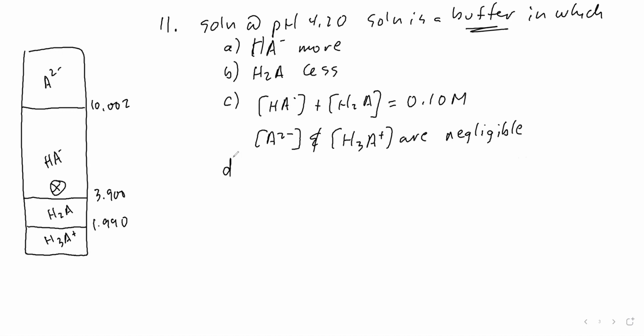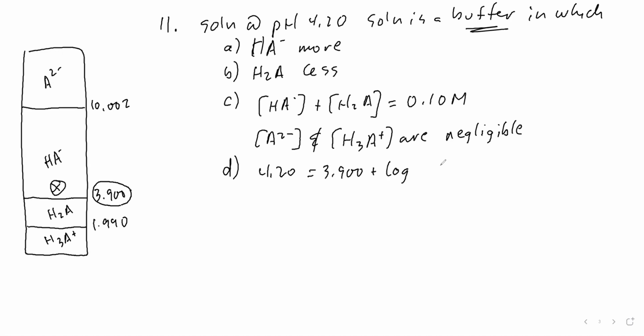So part D looks like this. It starts with the buffer equation, pH equals pKa plus the log of the conjugate base over the conjugate acid. So pH is 4.2. And the pKa that we're going to be dealing with is the 3.9 value, because that's the pKa within this buffer range.